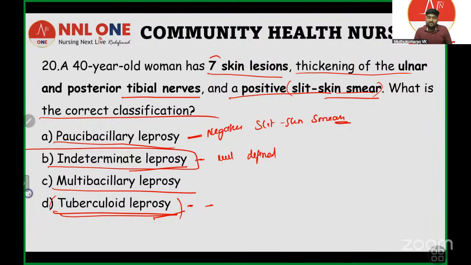But they have given 7 skin lesions, still a positive slit skin smear. So it is multibacillary leprosy. Easily you can identify. Is it clear? It is caused by Mycobacterium leprae. The major thing, the categorization, is very important, whether it is paucibacillary or multibacillary leprosy.